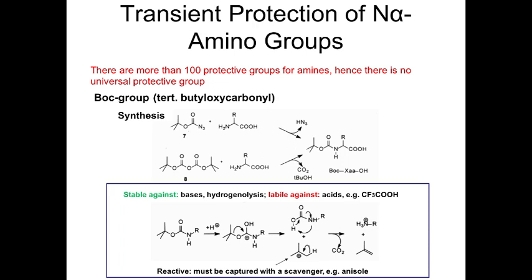Let's see first how the Boc group can be introduced in the amino acid. That means, how can I protect an amino acid? That is shown in the scheme in the middle of the slide.